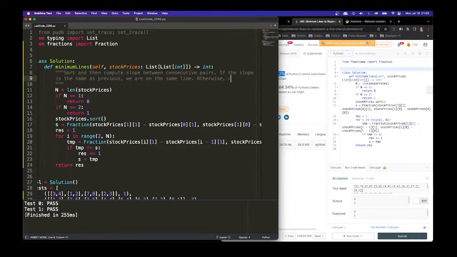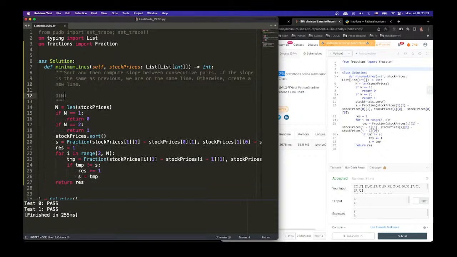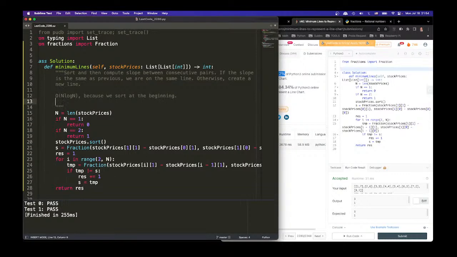Otherwise, create a new line. O(n log n), because we sort at the beginning. Okay, so we're going to go GCD and then divide.